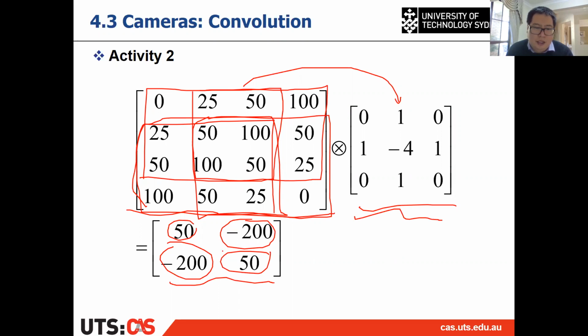So that's the edge, right? There are some other kernel matrices, and you can also design your own kernel matrices, which you can apply to the image to do some pre-processing, right? So that is the convolution.